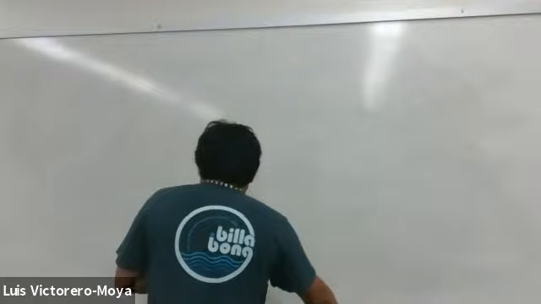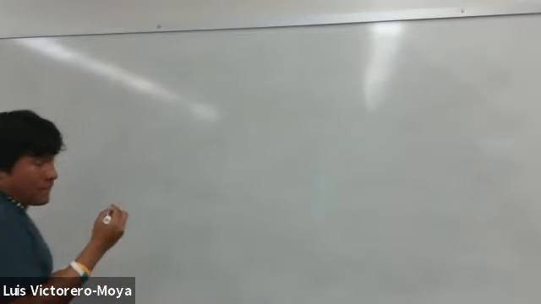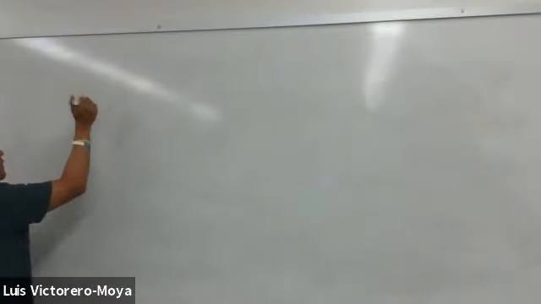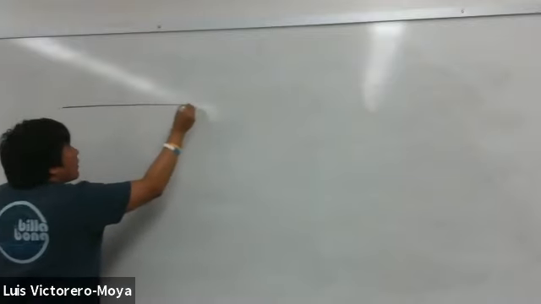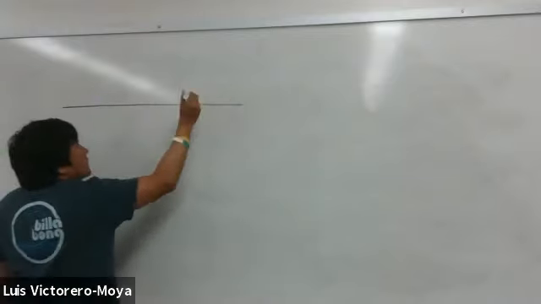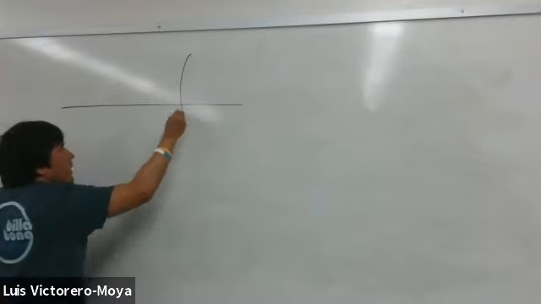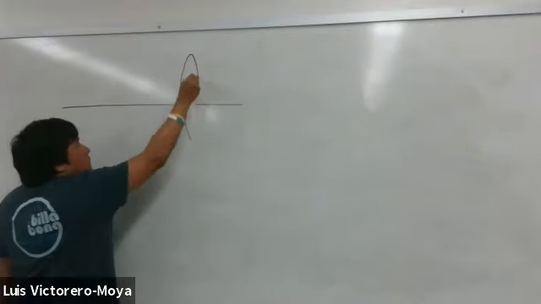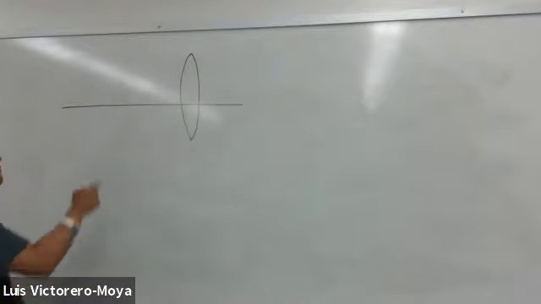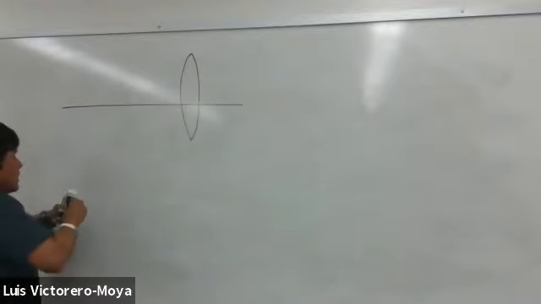Okay. So with a biconvex lens, remember, you have the axis and you have your lens like this. That is a biconvex lens or a convex lens.